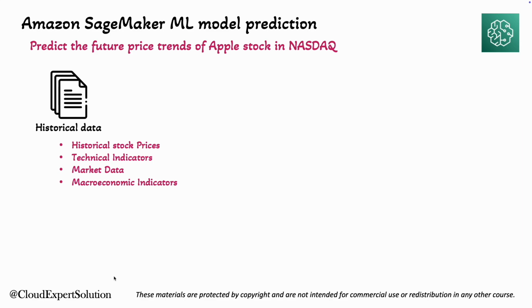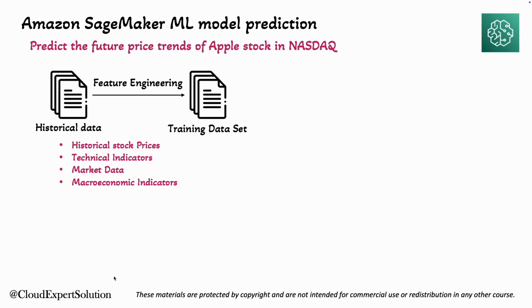We can also take technical indicators, market data like NASDAQ index value, and macroeconomic indicators like interest rate, inflation, and other factors. Followed by, we will perform feature engineering to create the training dataset from our historical dataset.